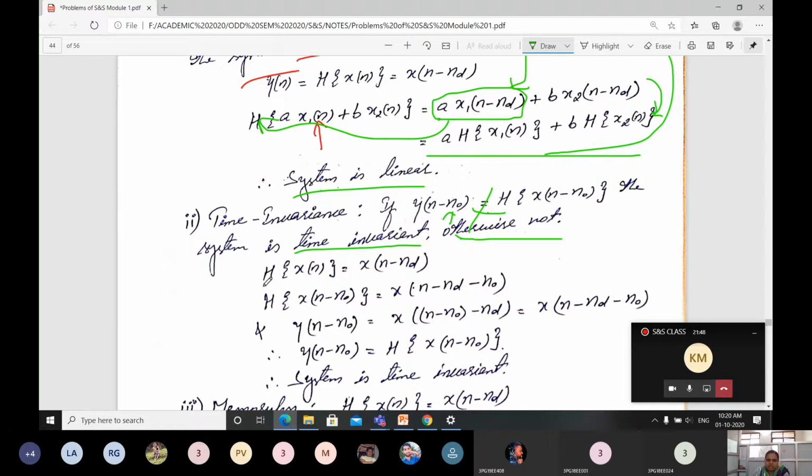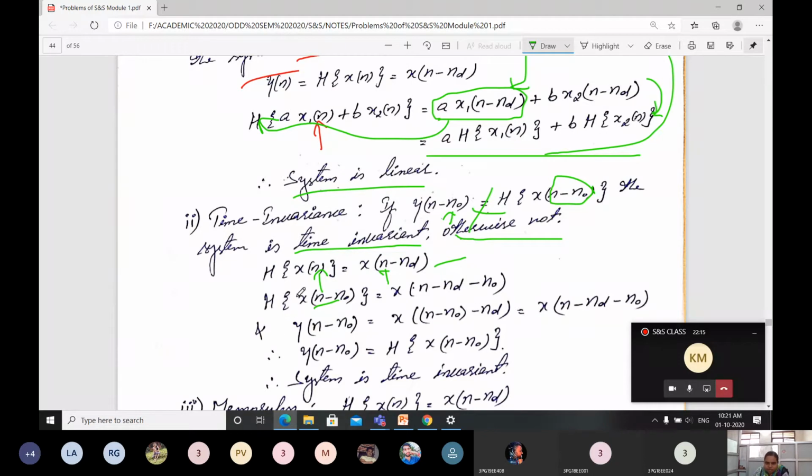Okay, then H of x of n is the given equation. What I'm going to do is change the time period. Instead of n, I'm changing it to n minus n naught, writing minus n naught on this side.